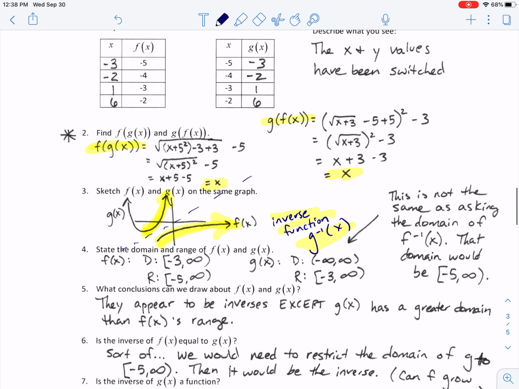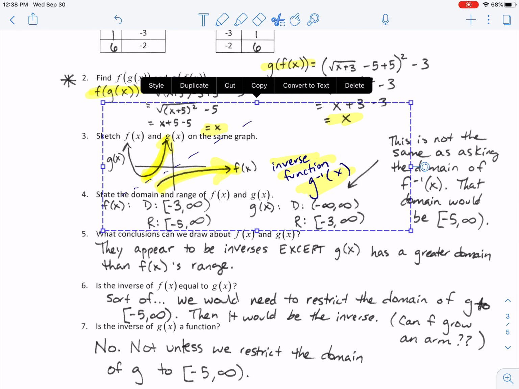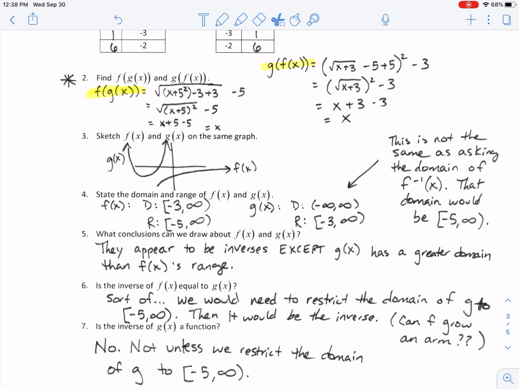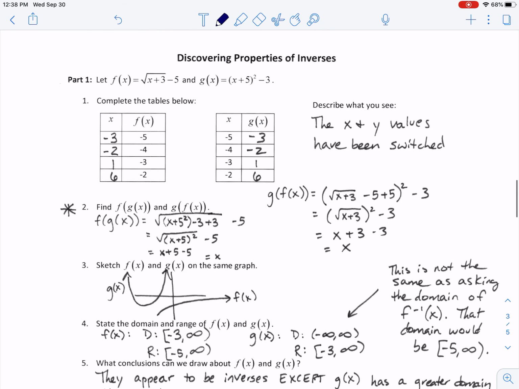Hang on, let me clear out some of this mess. When they say, find the domain of f and g, the domain of f and g were defined for you up here. We can see that f is going to have a domain restriction because of the square root. We can see that g has no domain restriction.